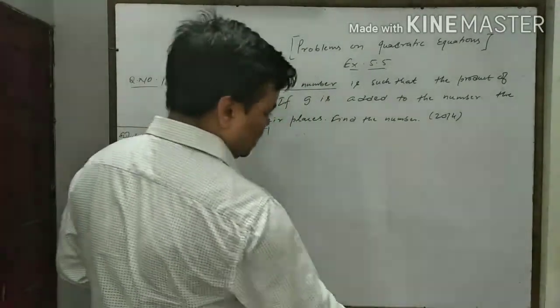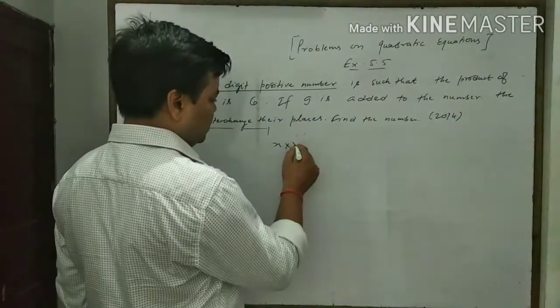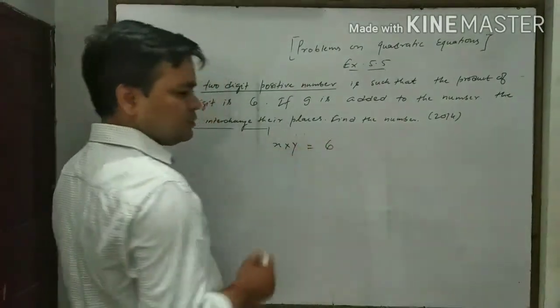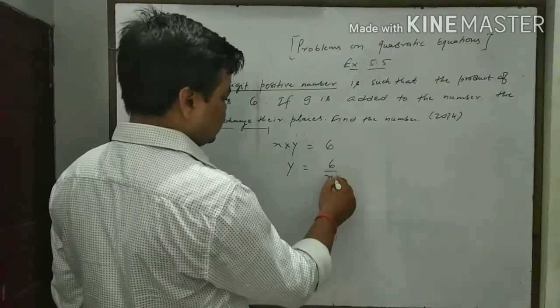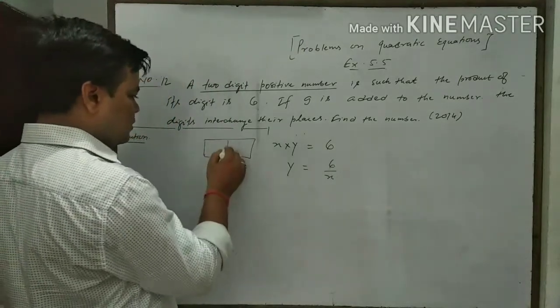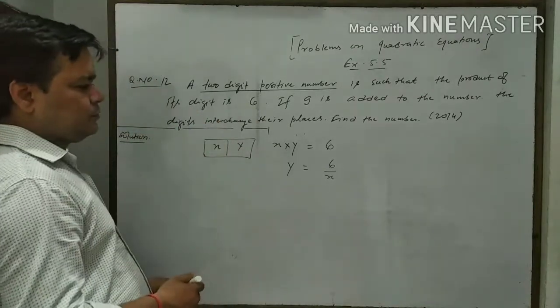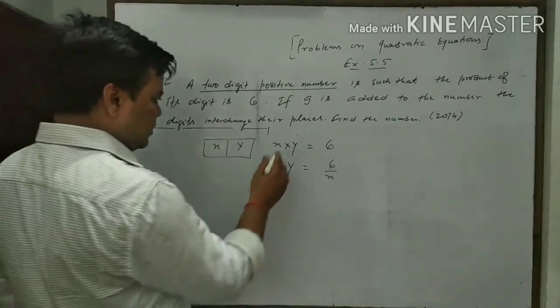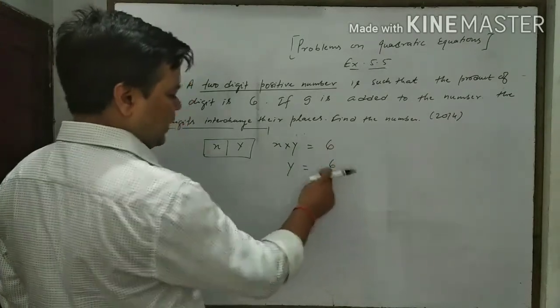Again, if the product of two numbers is 6, then what is y? It is 6 by x. It means if you have a 2-digit number, like this is y and this is x, and the product of the digits is 6, then y is 6 by x.